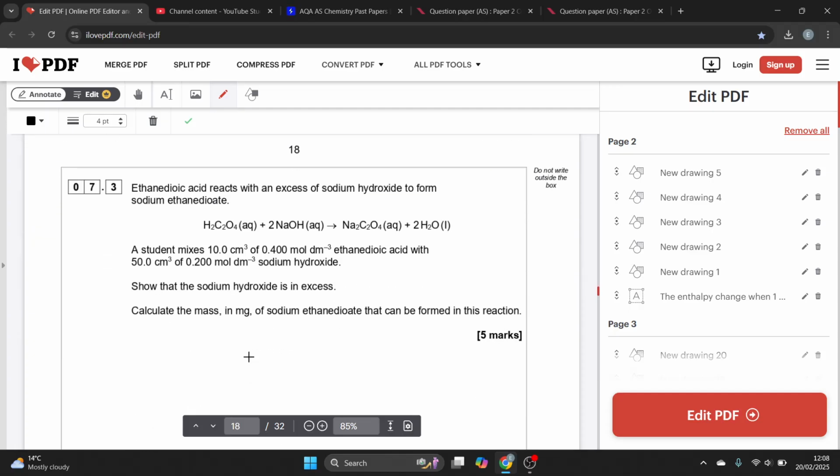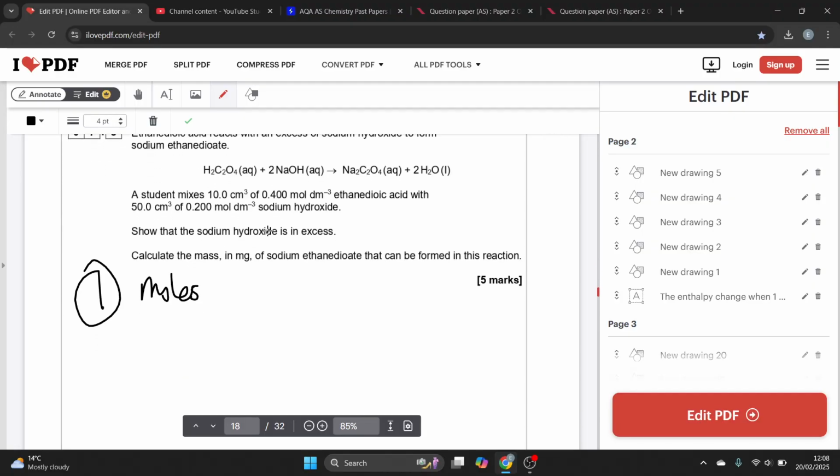Question 7.3. Ethanoic acid reacts with excess sodium hydroxide to form sodium ethanoate. Show that sodium hydroxide is in excess. Okay, these kinds of questions are generally easy to get a couple of marks on, but hard to get full marks on because you need the wording after that.